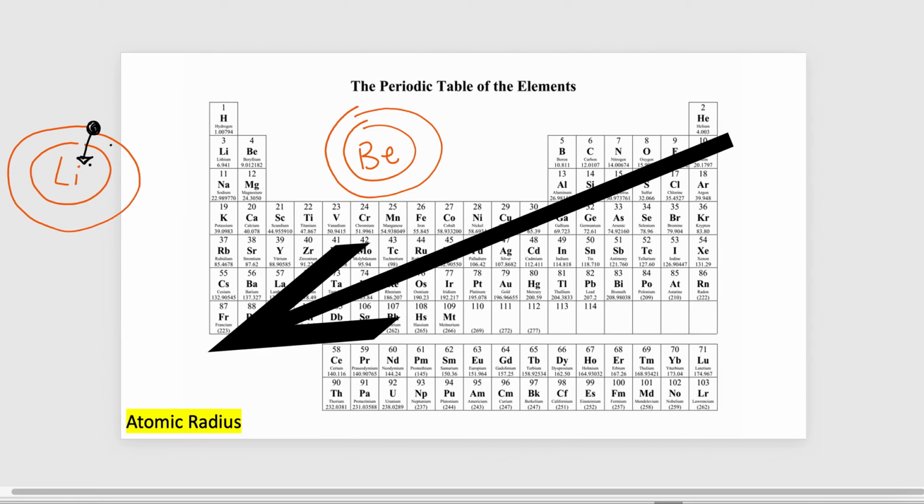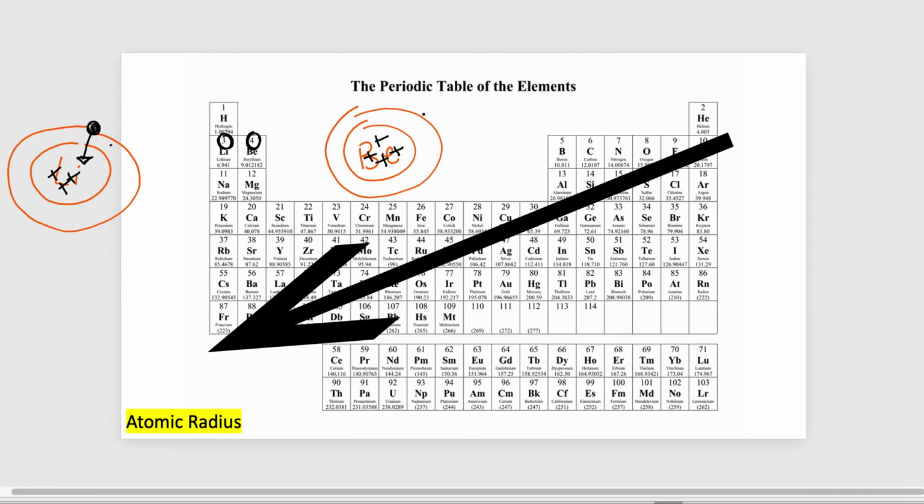Recall that the atomic number of an element equals the number of electrons, and the number of electrons equals the number of protons. So lithium has 3 protons in the nucleus, and beryllium has 4 protons in the nucleus. And recall from the beginning that the atomic radius depends on the interaction between these protons in the nucleus and the electrons surrounding it.